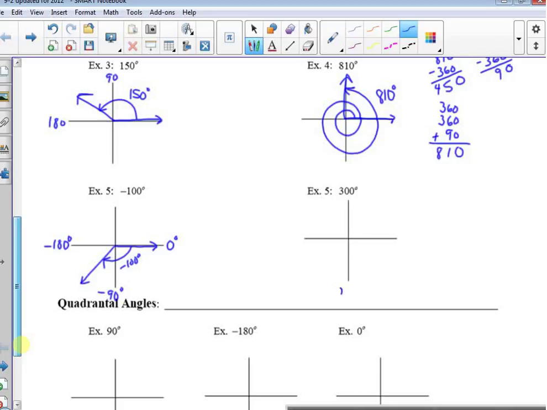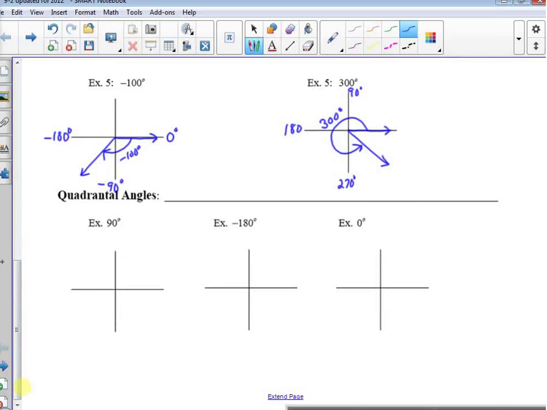For 300, here's 270. Now we're going counterclockwise because it's positive. We start here at 0, and I need to go into this quadrant, indicating the direction with my arrow, and that's the measure, 300. It just has to be in the right quadrant.